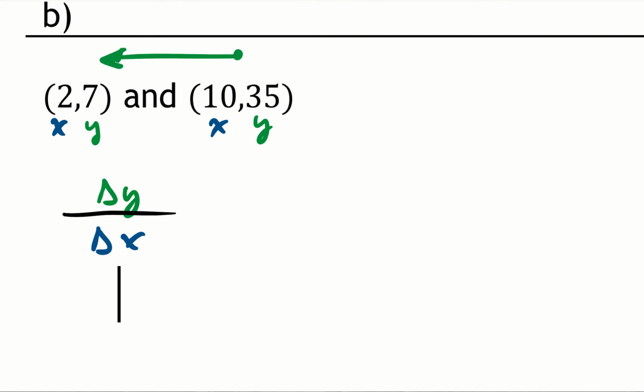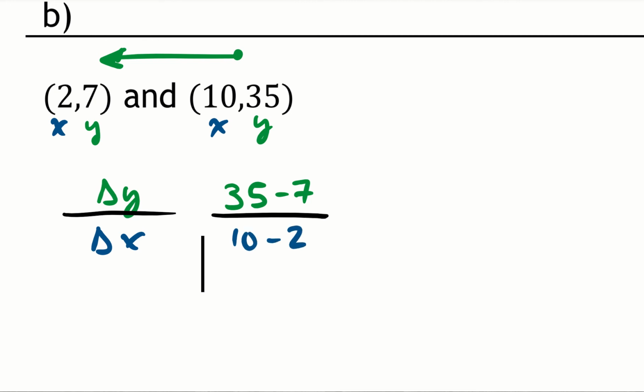So I'm going to start with the 35 and write down 35 minus 7. That's the change in my y values. And the change in my x values is 10 minus 2. So 35 minus 7 ends up being 28, I think, and 10 minus 2 is 8, right?